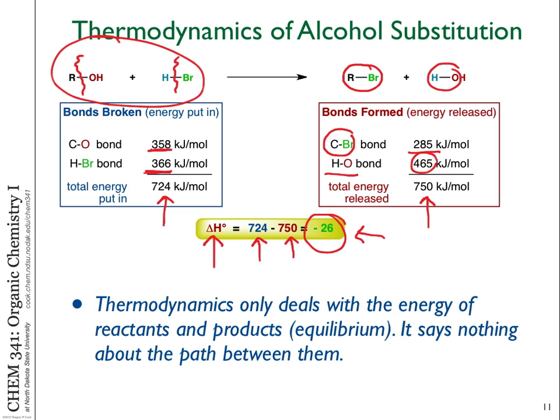That's what this is telling us. Okay? Products in this case are lower, and we can estimate that. It's a pretty good estimate. It's not perfect, but it's pretty good, just looking at the changes in the bond energies that are broken and formed. All the other bonds are staying the same, so we don't even need to worry about that. Okay?